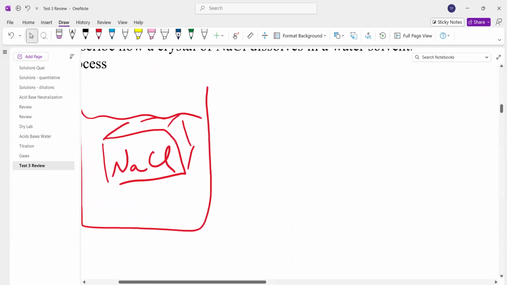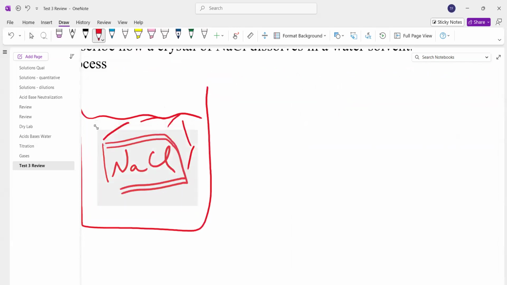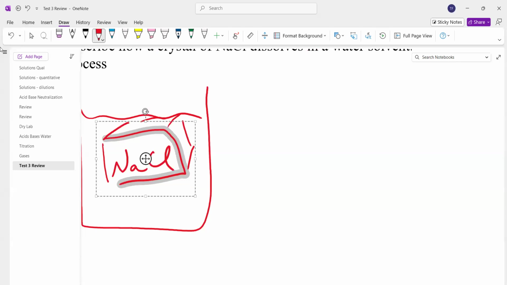Because it's an ionic solid, the sodium is going to be +1, the chloride is going to be -1.